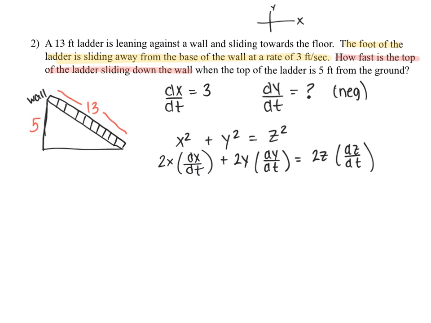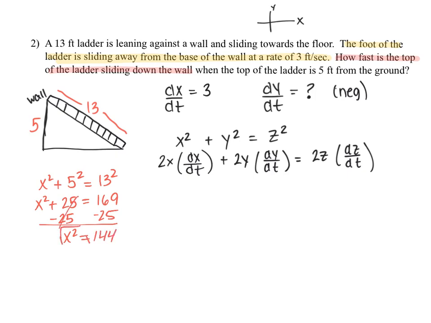Pythagorean theorem tells me x squared plus y squared equals z squared. So 5 squared is 25, 13 squared is 169, minus 25 on both sides, and we get x squared equals 144, and we take the square root and we get 12.